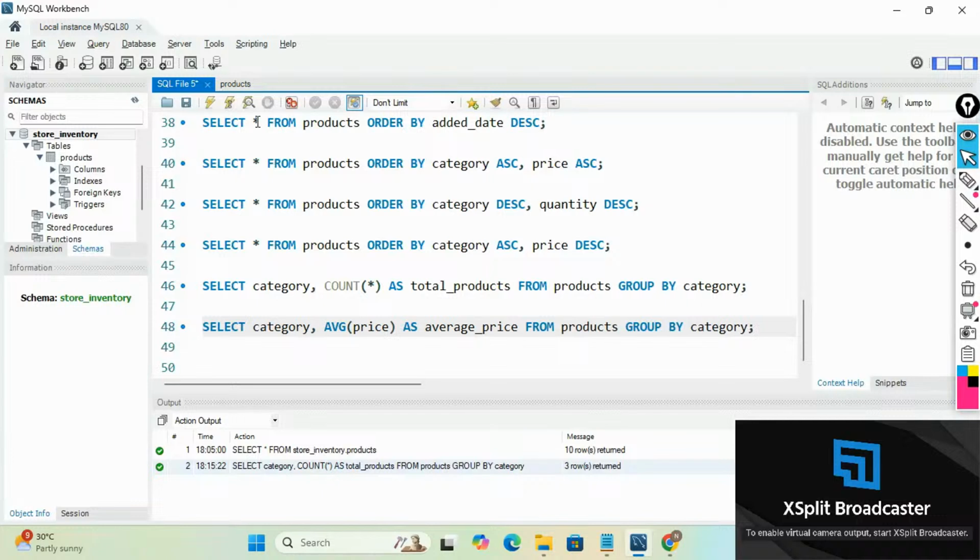So what happens is it takes the furniture category records, all the three products under the furniture category, and for each and every product you'll have prices, right? The average of these three products under the furniture category will be calculated and given under this column, average price.